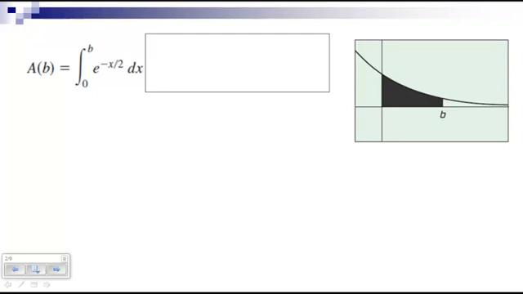If b was 3, could you find out the area from 0 to 3 for me? Have you forgotten how to take the antiderivative of e to the negative x over 2? Yes, I do. I am. You have?